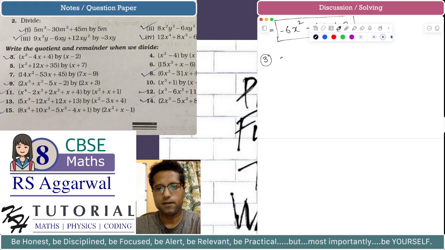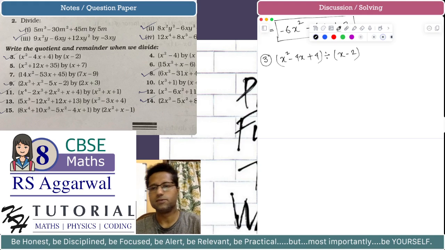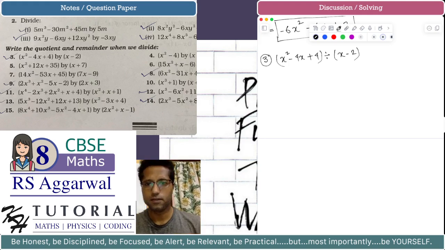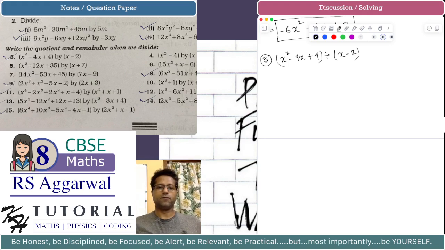So we have to find x square minus 4x plus 4 divided by x minus 2. We can see that both the divisor and the dividend are already arranged in descending order of the degrees of the terms. That is, the degrees of the terms are already from highest to lowest.